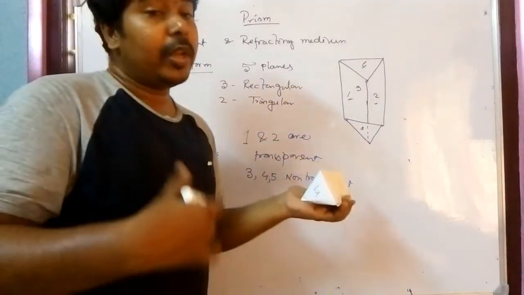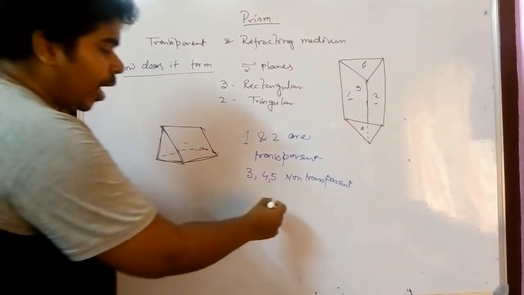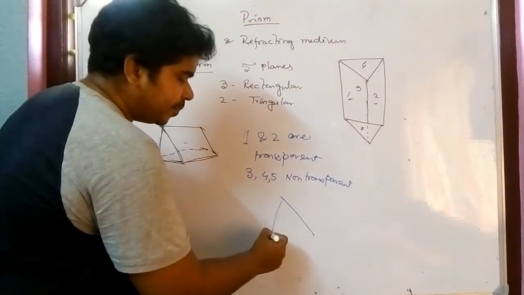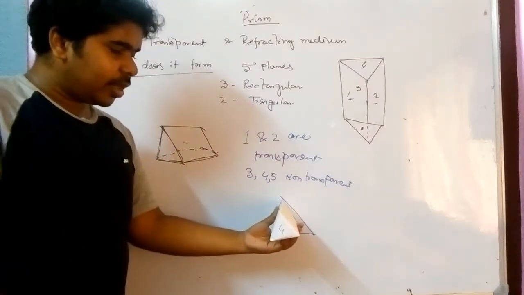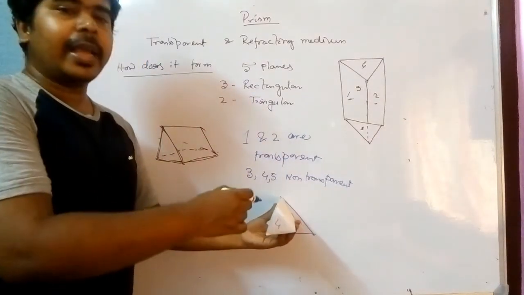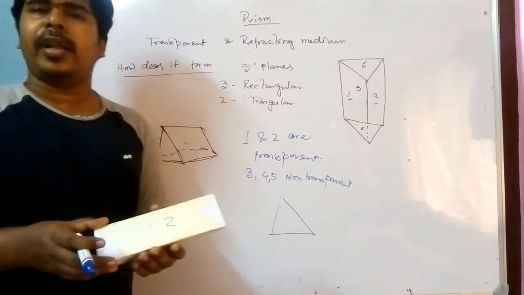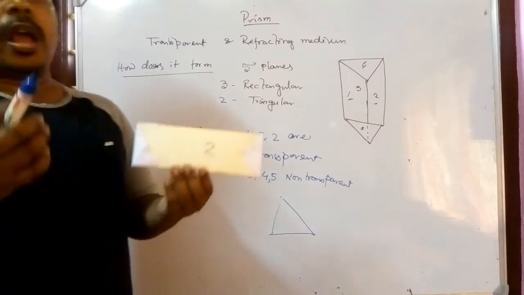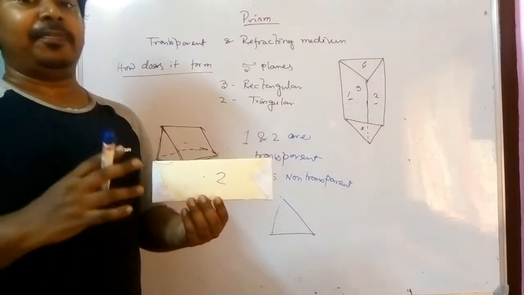That's why, when we represent the ray diagram of a prism, we draw a triangle. Because if I keep it here, we can see the triangle. We cannot see the whole shape. What is the reason behind that? The reason is that our eye sees two-dimensionally.